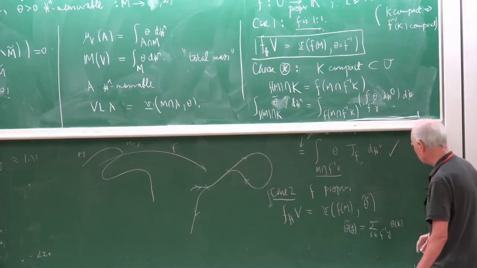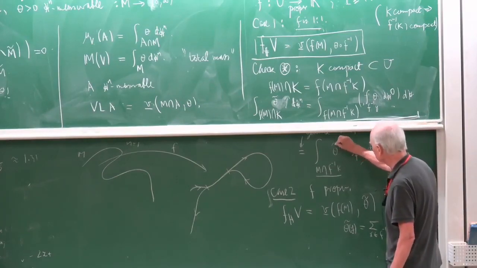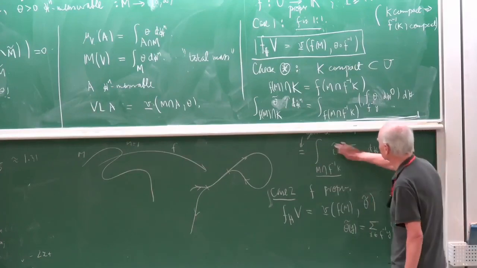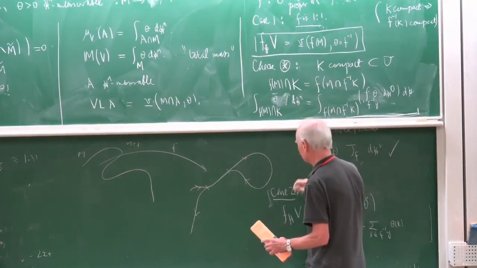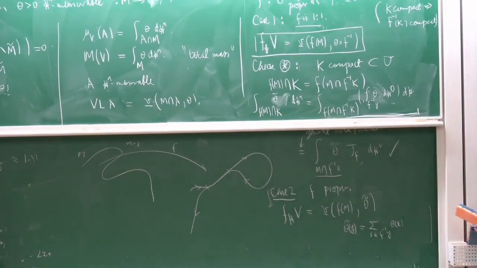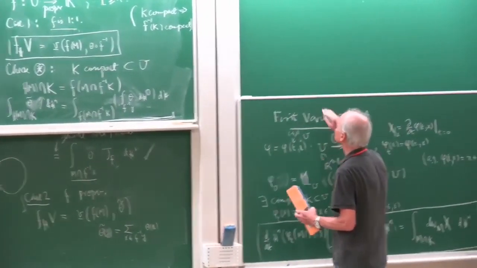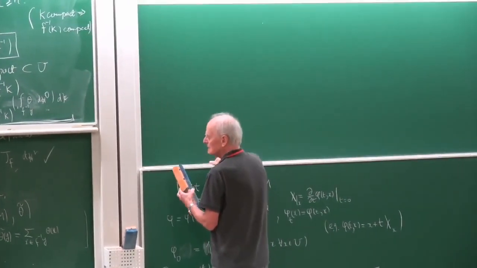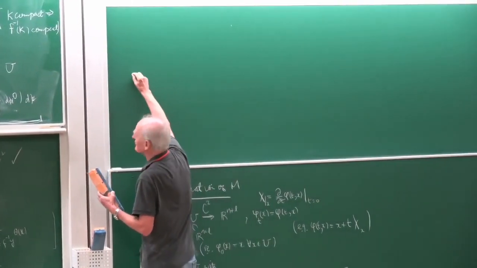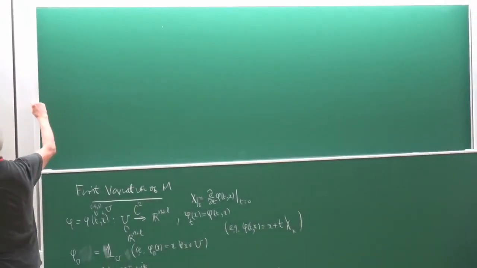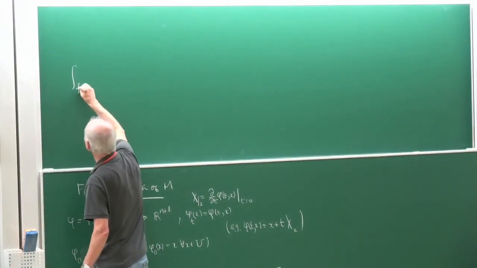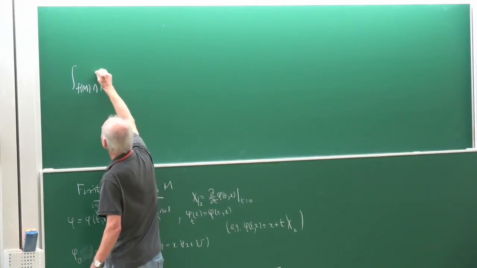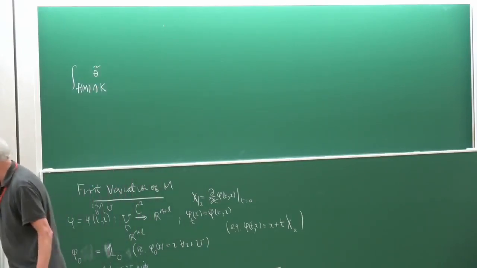And again you'll get this expression, but this time with theta tilde here. Let's do the check again to make sure that we've got something sensible if we make this definition. We've got to take the integral over fM intersect K of theta tilde, where theta tilde is defined in this way.